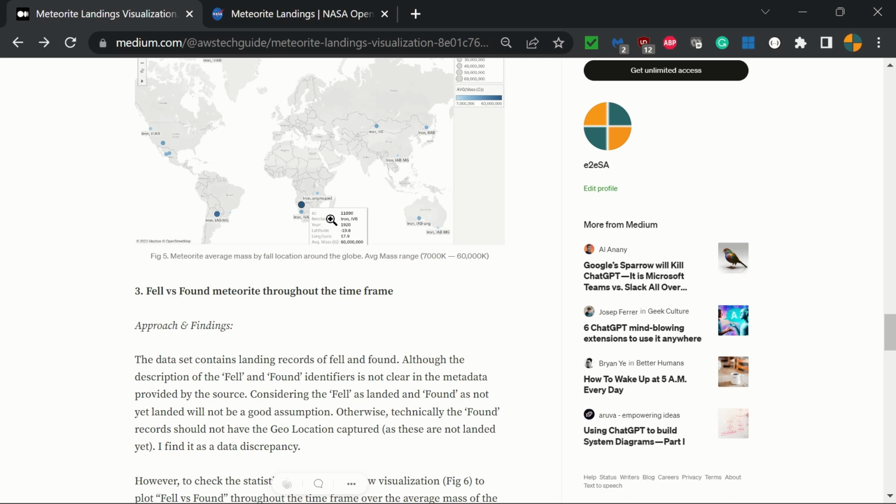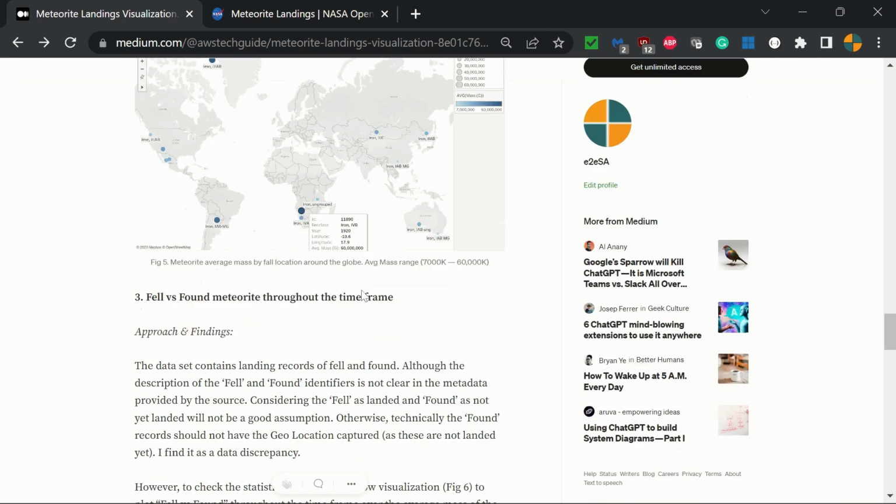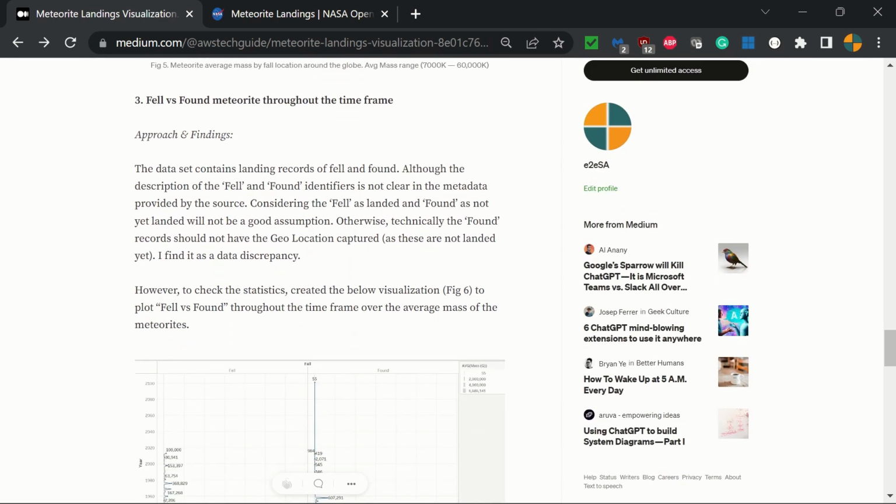As you see over here, Namibia got the highest or heaviest hit globally so far, by an iron class meteorite.